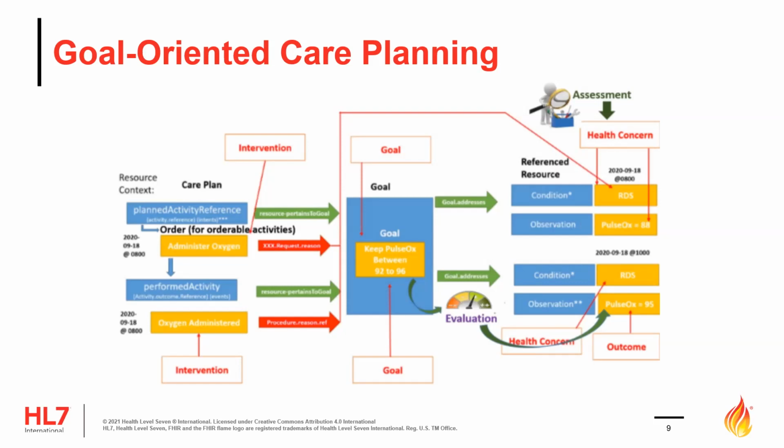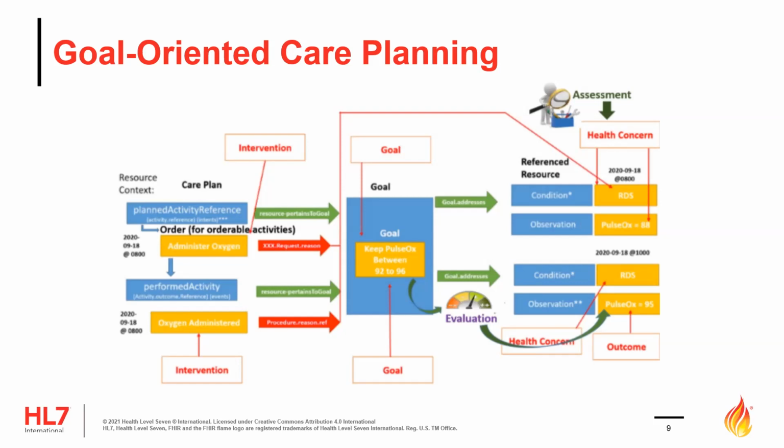We're also taking goal into context of all its interrelationships and things that it's related to. Goal is very important because by assessing your goal is how you know if your interventions are working and if your condition or your observation or whatever the health concern is going to improve or if things will get worse.